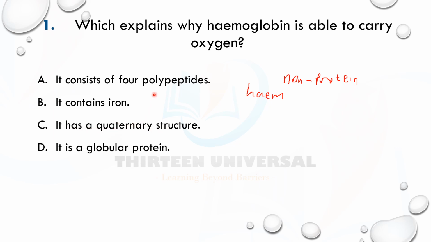Yes, that's 4 polypeptides, but that's not the reason why it's able to carry oxygen. It is a globular protein. Well, that gives it its shape and helps it to fold in a ball-like shape that makes it soluble and metabolically active. But for carrying oxygen, it should be the iron 2 ion. So the answer is B.